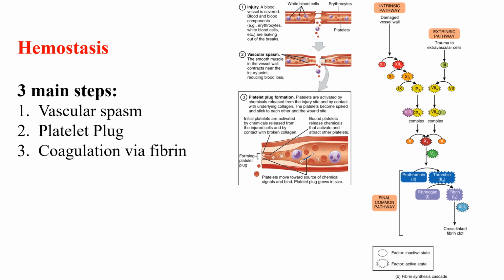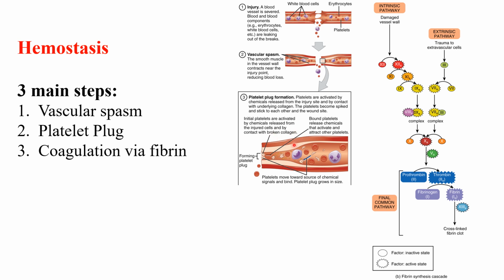Then we get what's called initial platelet plug formation. So the platelets are seeing inflammatory chemicals and they're releasing chemicals themselves that are activating other platelets. And these platelets kind of turn into little sticky Velcro-like balls of protein, and they will stick together and they will stick to the vessel wall, particularly in a constricted area or in a breakage zone.